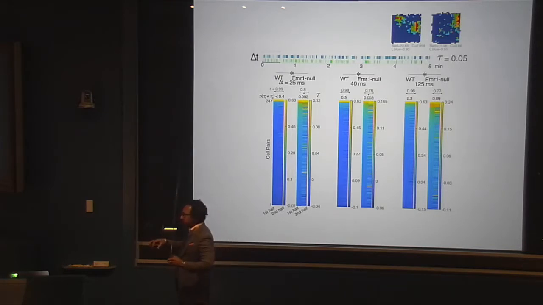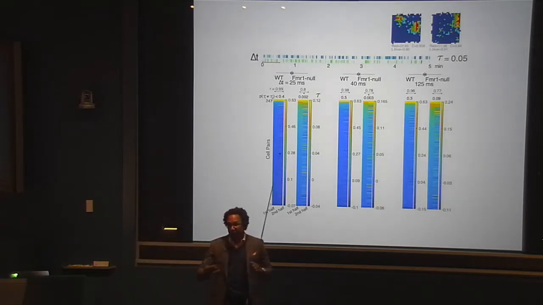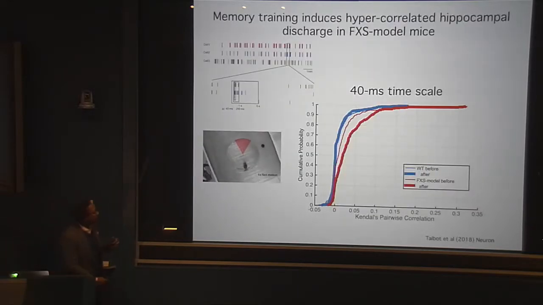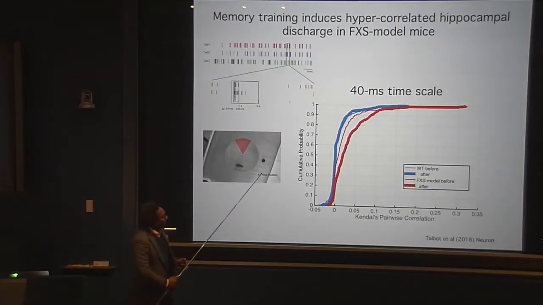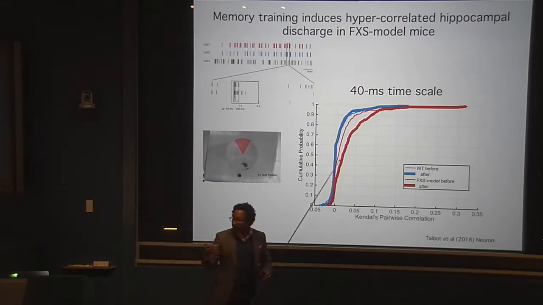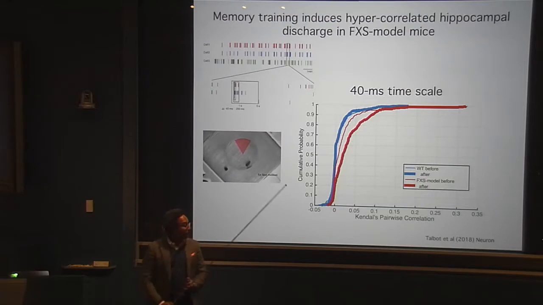So these cells, if you imagine them representing a jumbotron, in the wild-type animals are very reliable in their interrelationships, but they're not so reliable. They don't interact in a reliable way in the Fragile X mutant animal. After training, what we see that happens is that there's this plasticity that comes into play.